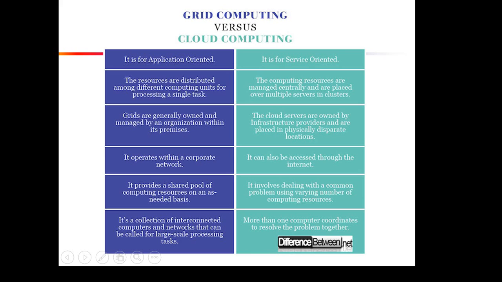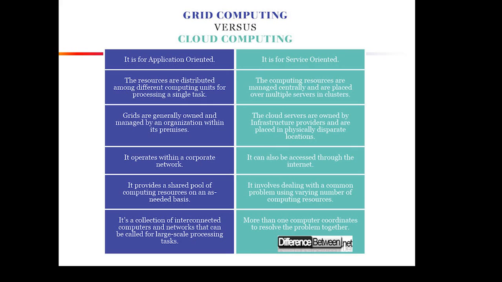Grid computing is application oriented, but cloud computing is service oriented. Application and service: this is the first difference between these two.